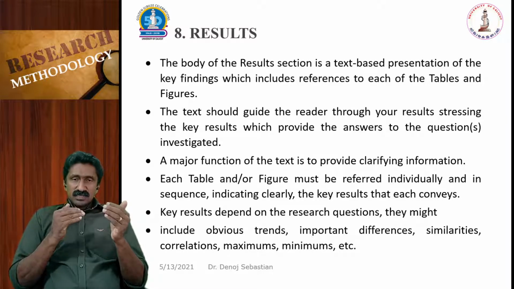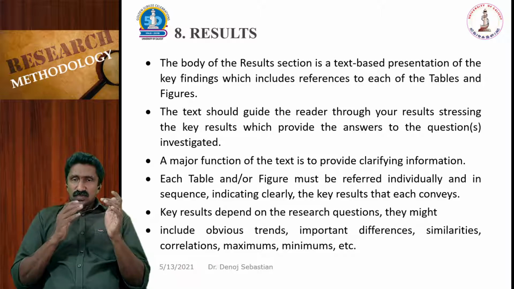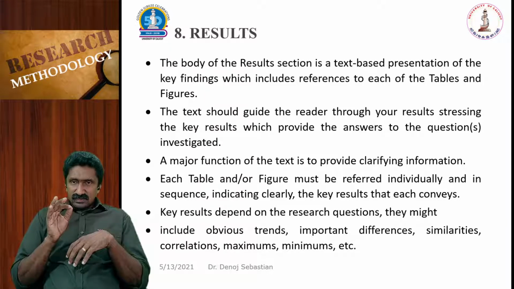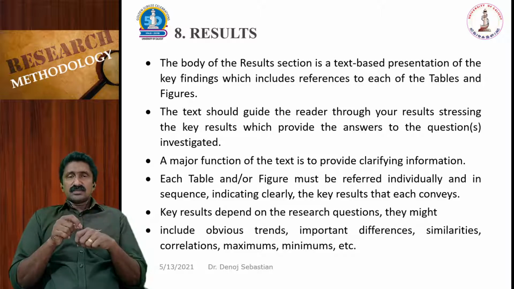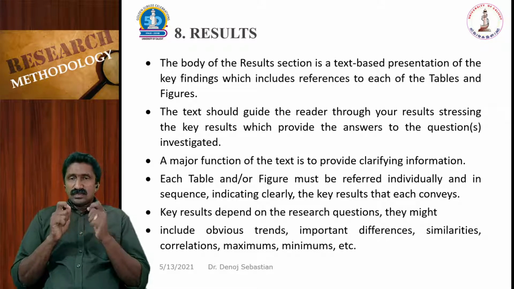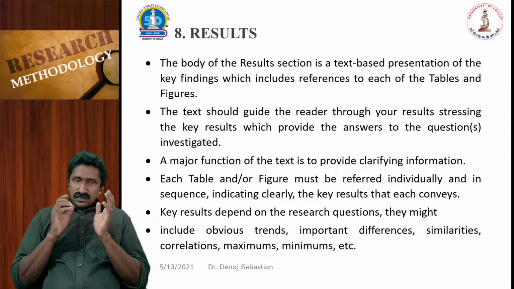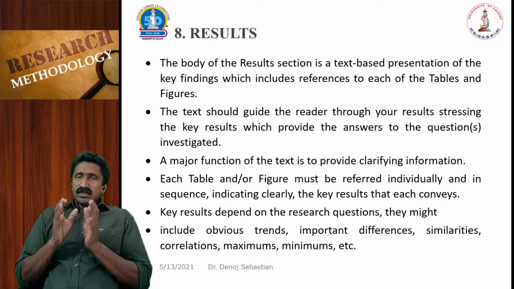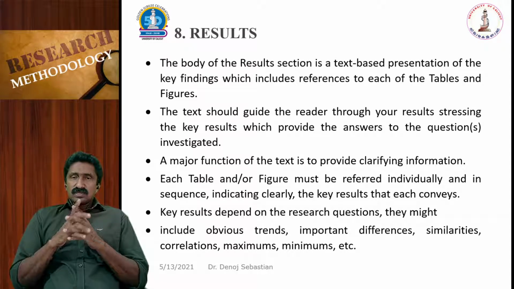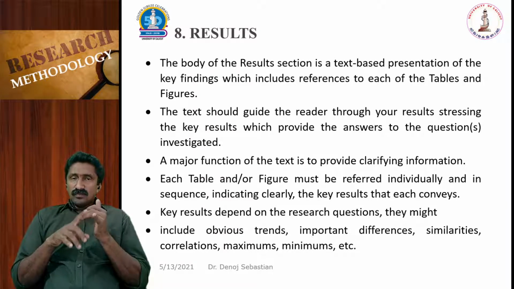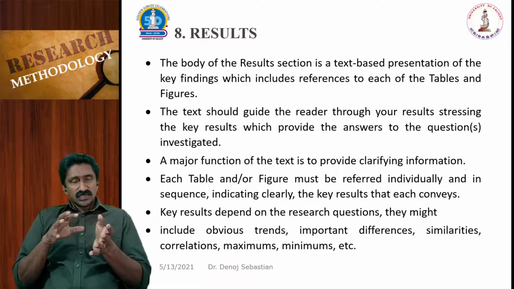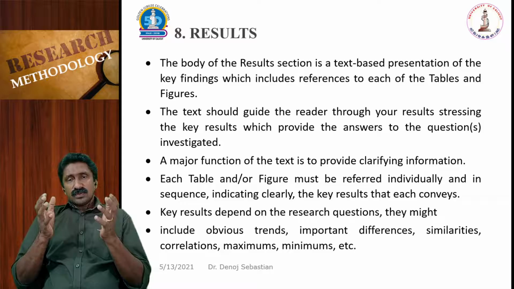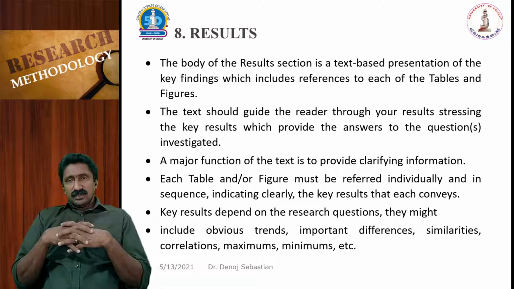So the tables and graphs or figures should be sequentially arranged with clear titles and descriptions, and they should convey the results very clearly. The key results depend on the research question, and they might include obvious trends, important differences, similarities, correlations, maximums, minimums, etc. So that type of information should be there.